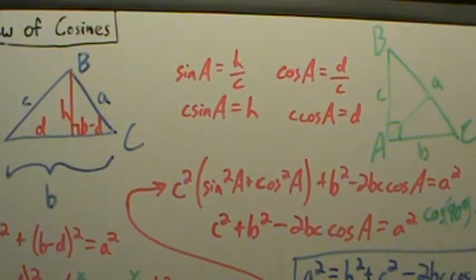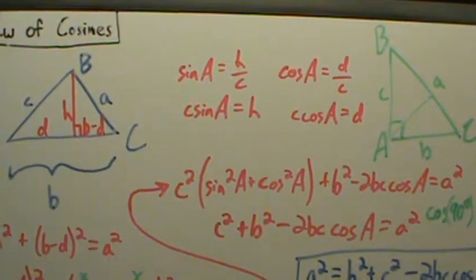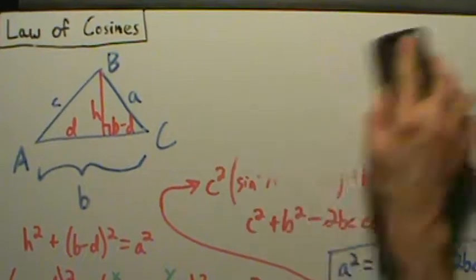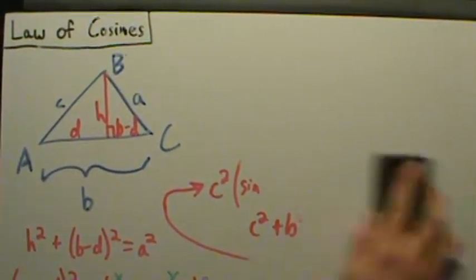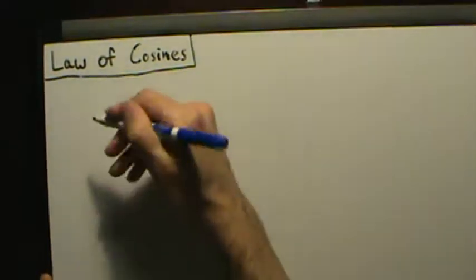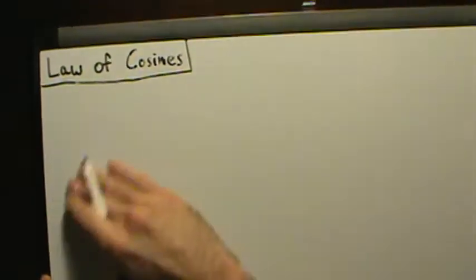Now, what's a little bit different is the obtuse triangle case. So let's go ahead and draw an obtuse triangle and see how that's different. So we'll set up our obtuse triangle. Let's draw it in green.